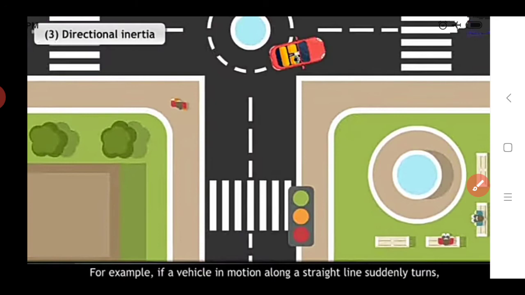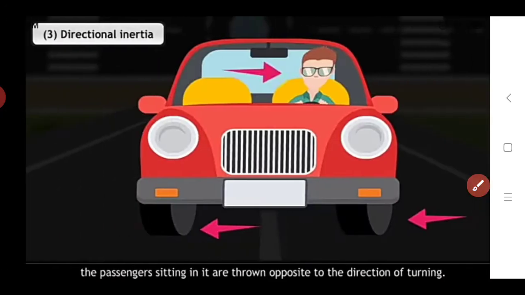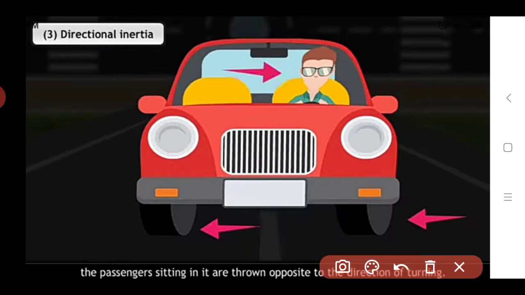Due to this, when the vehicle turns, the passenger sitting inside it is thrown opposite to the direction of the turn. If the car turns in that direction, the passenger moves in the opposite direction of that turn.